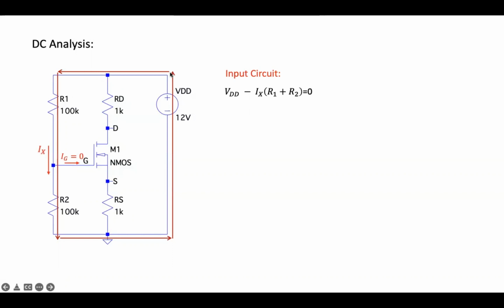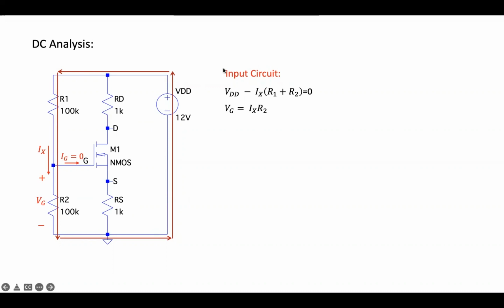So you have the VDD minus Ix multiplied by R1 plus R2. So that will be our input equation. Then we can also indicate the input gate voltage, that is the voltage across R2. So we can write gate voltage equal to Ix times R2.